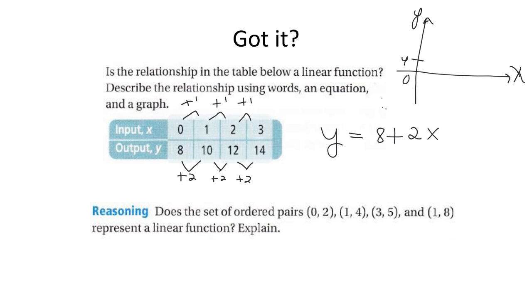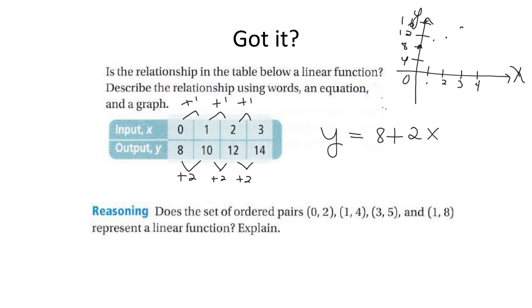Let's do 4, 8, 12, 16. And then I'll count by 1s here. 1, 2, 3, 4. And 0, 8 is here. 1, 10 is here. 2, 12 is here. 3, 14 is here. So you can obviously see that if you connected these points, it would make a line. So therefore, it's linear.